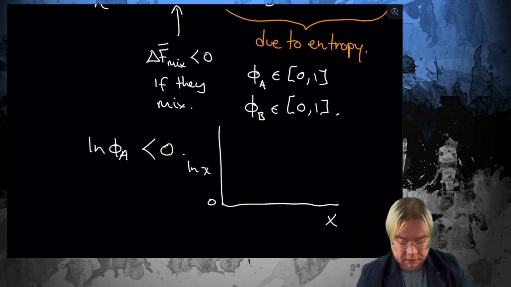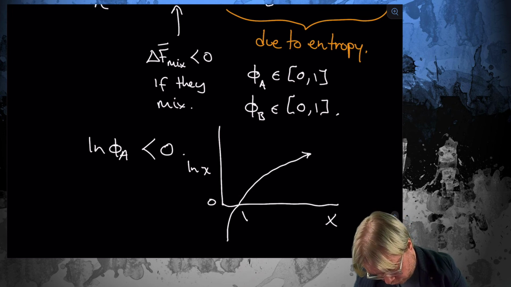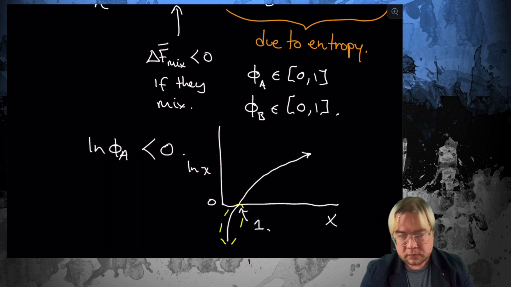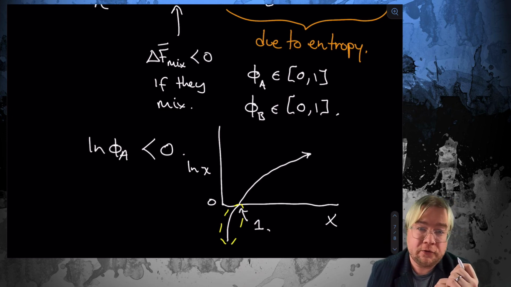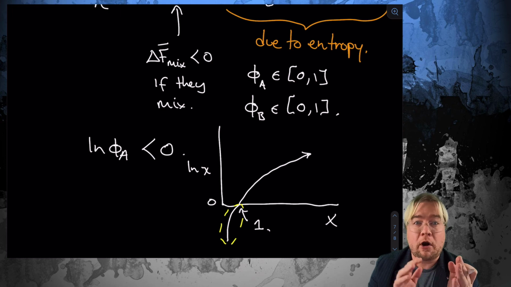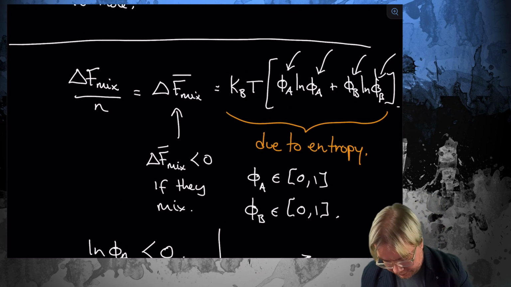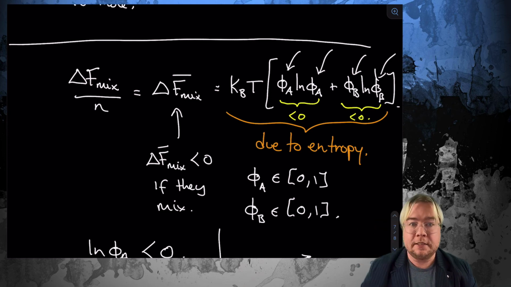The natural logarithm kind of looks like this. And this point is 1. So in our function, we're always in this region here. Okay, and the natural log goes to minus infinity at 0. So we're always going to be negative. It's guaranteed that we'll be negative. So that means that this term is less than 0. That term is less than 0.